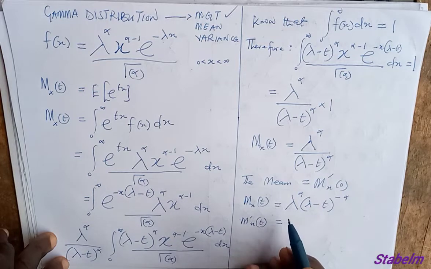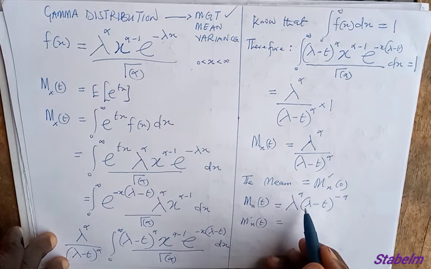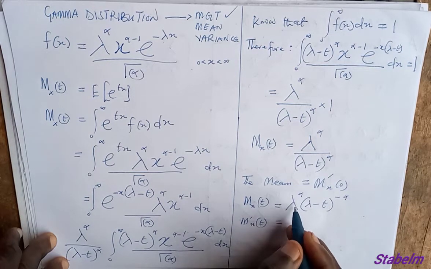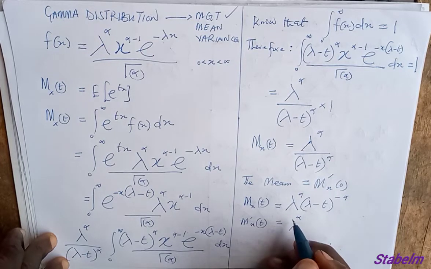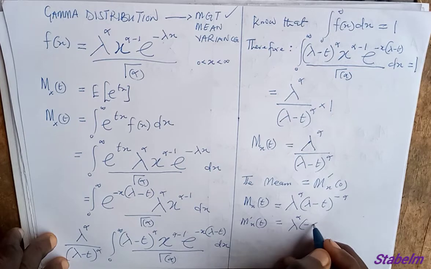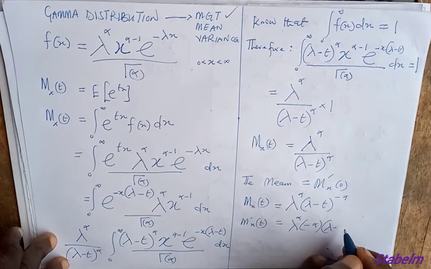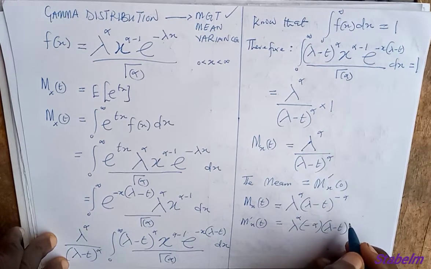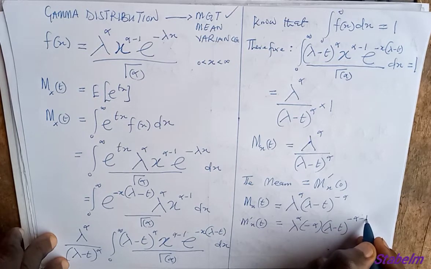If we keep lambda raised to power alpha and differentiate the rest, we have lambda raised to power alpha, then we should not forget that we multiply by minus alpha, times (lambda minus t) raised to power minus alpha minus 1.